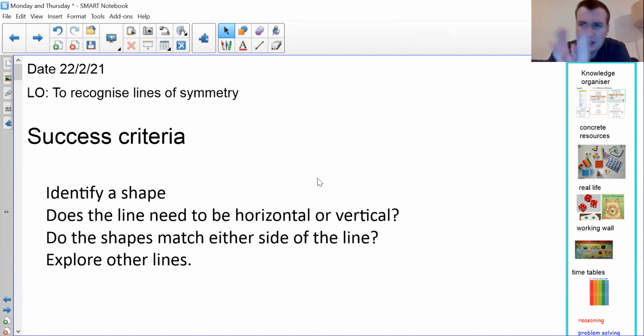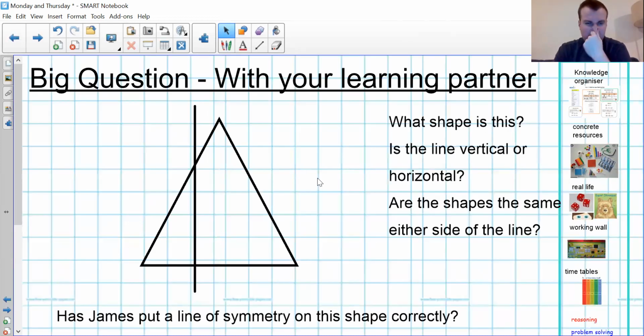And then on either side of the line, are the shapes the same? Okay, now that's a lot of words. So symmetry is when you can put a line on a shape so that on either side of the shape, it's split exactly in half. So both sides look exactly the same, okay?